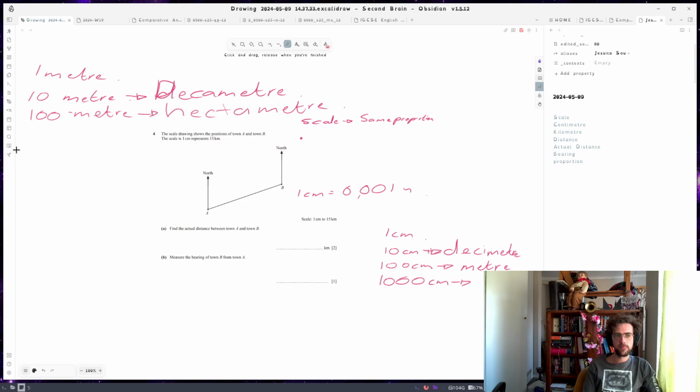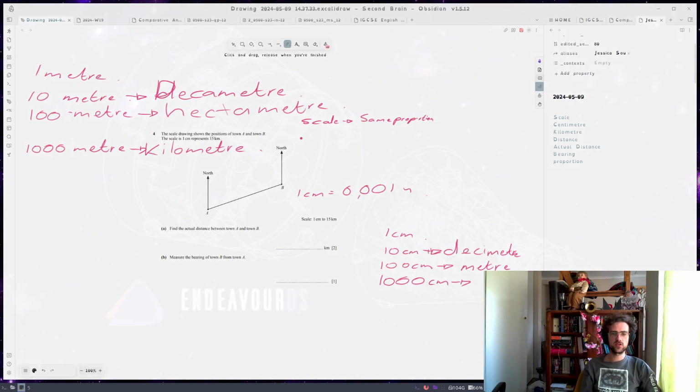Okay. And then what about 1,000 meters? Okay, so let's say we're in our exam. We're not totally sure how to do this measurement thing. It's kind of scary, honestly.